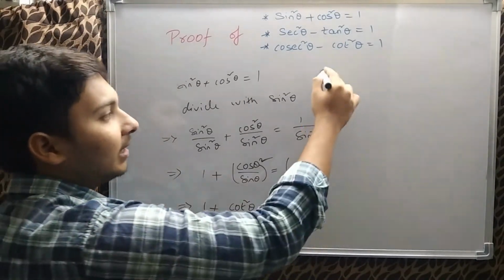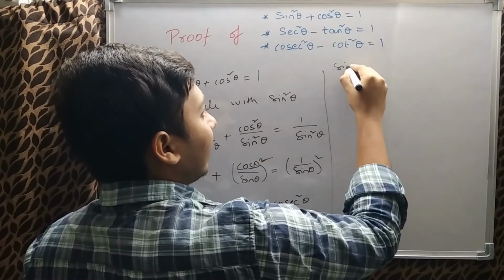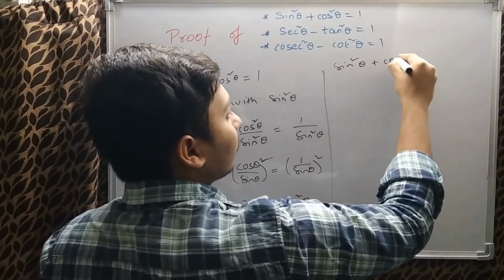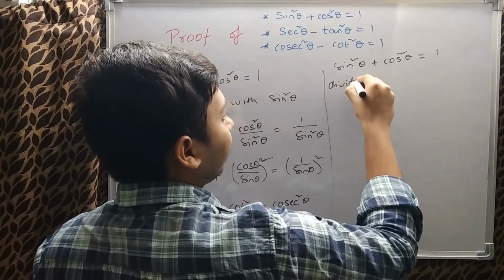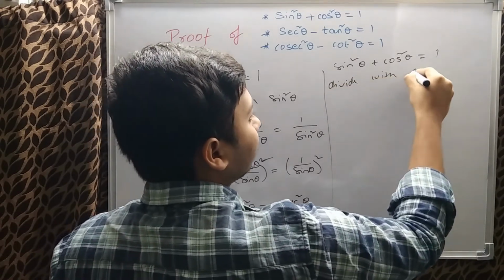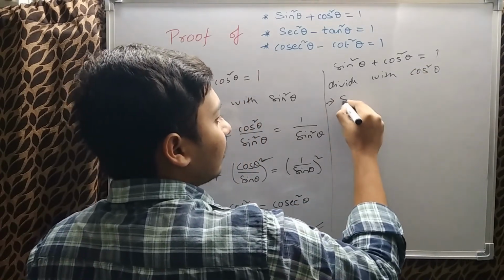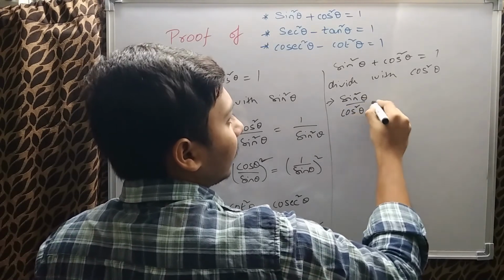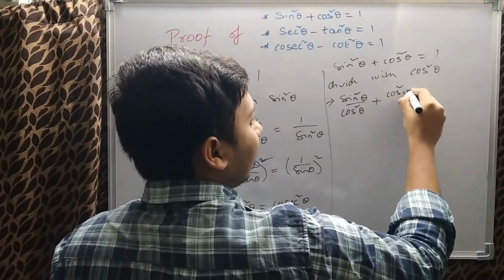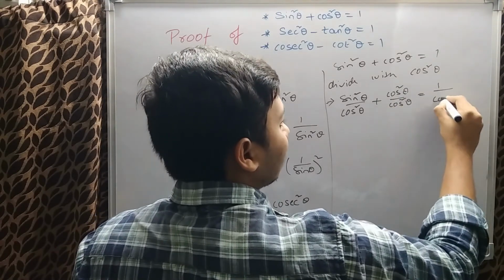Now dividing with cos square theta, we can prove the second identity. Sin square theta plus cos square theta is equal to 1. Divide with cos square theta, which implies sin square theta by cos square theta plus cos square theta by cos square theta is equal to 1 by cos square theta.